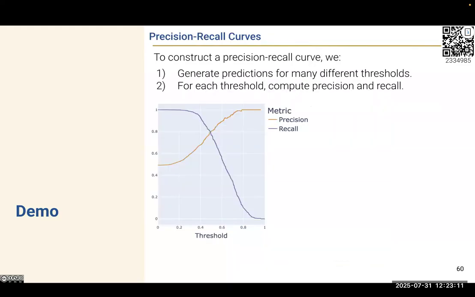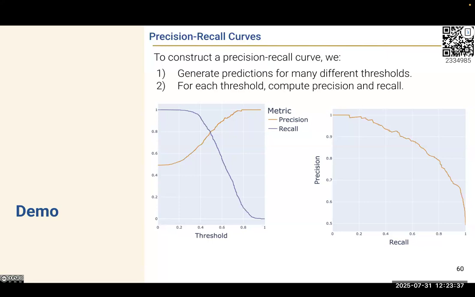You can also plot precision and recall. These are often plotted together in what is called a precision recall curve. You just plot both metrics against the threshold. Also, we often plot precision versus recall across different thresholds, dropping the threshold itself.